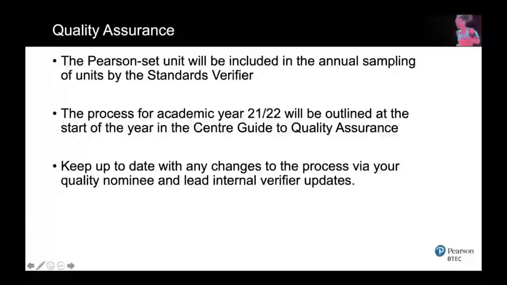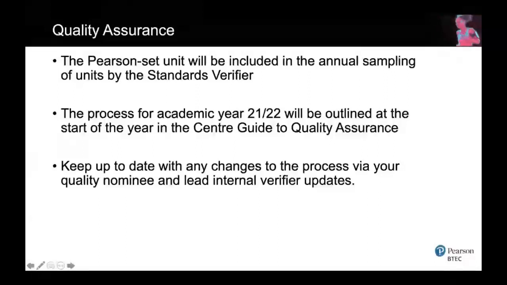You can find that document on the Pearson website, which you can search for from either the main page, or you can search for the BTEC Centre Guide to Quality Assurance via the search engine of your choice, and it should come up as one of the first hits on that search.